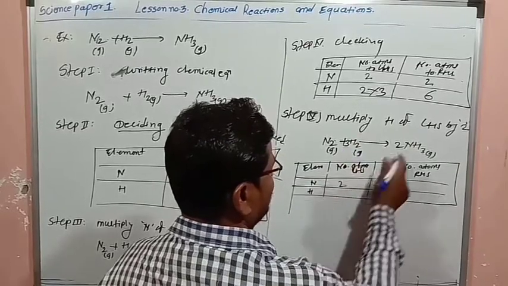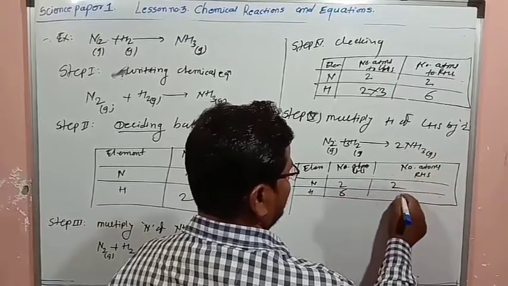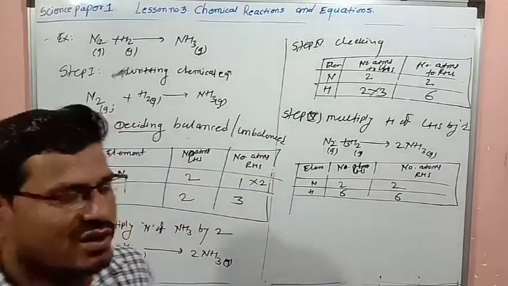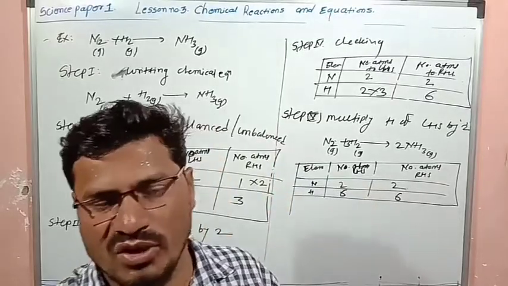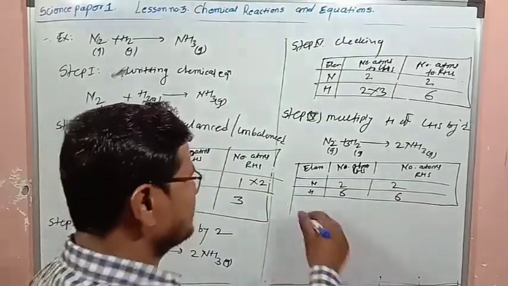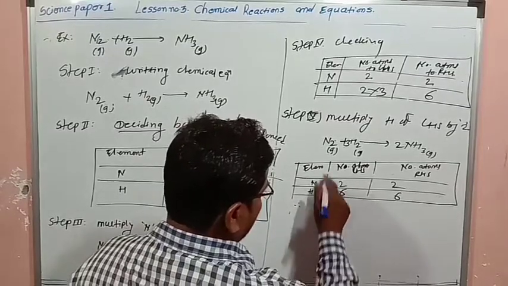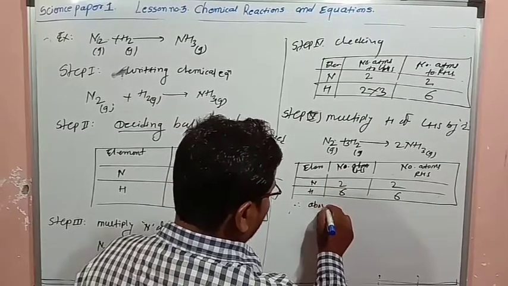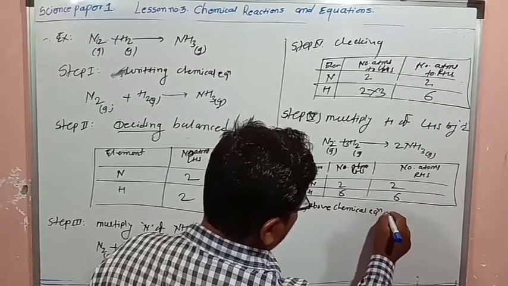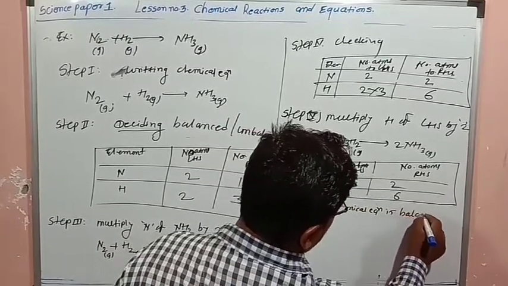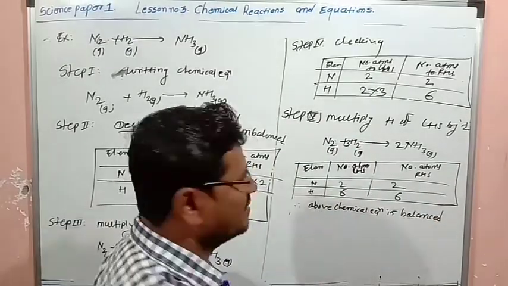Nitrogen 2, hydrogen: 3 twos are 6, and on the other side 2 threes are 6. So the number of atoms of nitrogen and hydrogen on the LHS and RHS become equal, and therefore the above chemical equation is balanced. Why? The number of atoms on the LHS and RHS is the same.